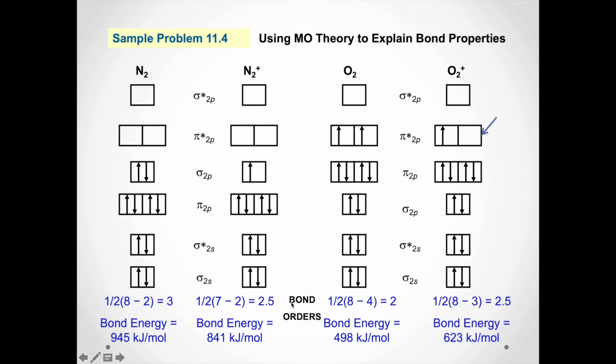Here you can see we have different bond energies. Why? As you know, the larger the bond order, what happens to the bond energy?